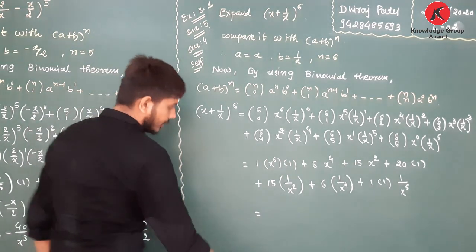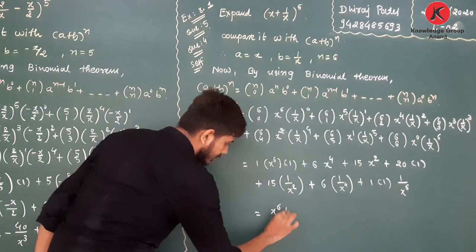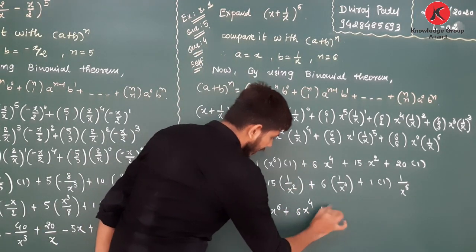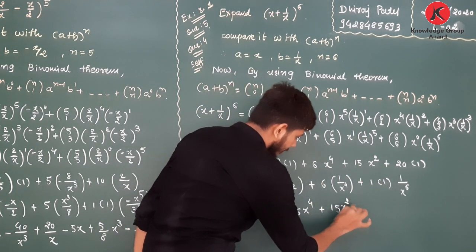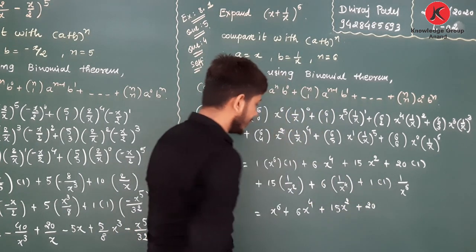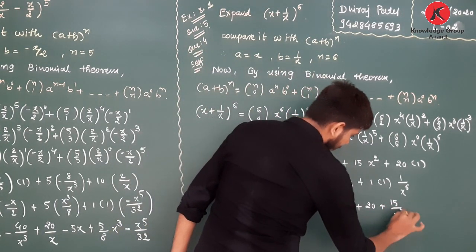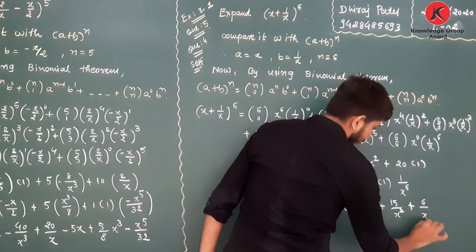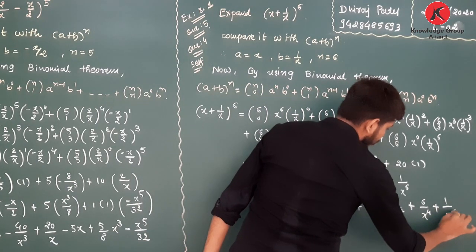We are getting x raised to 6 into 1 into 1, x raised to 6, plus 6x raised to 4 plus 15x square plus 20 plus 15 divided by x square plus 6 by x raised to 4, and the last term will be 1 upon x raised to 6.